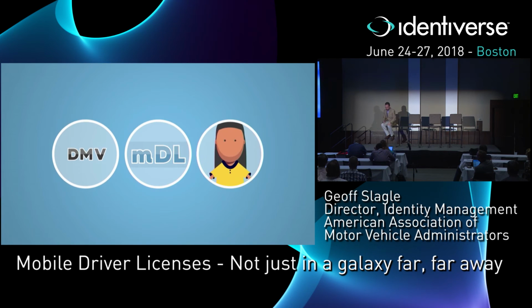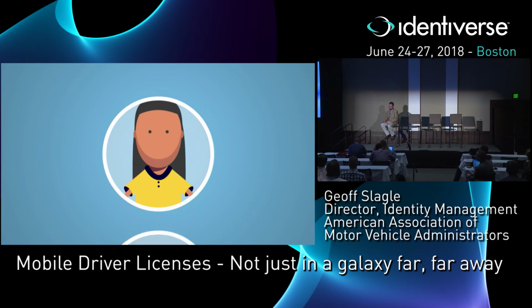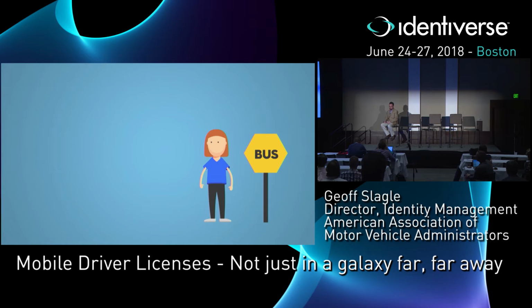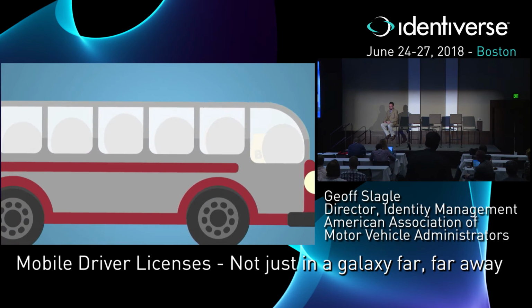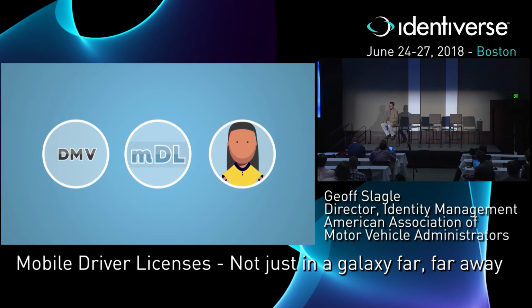The three main components involved in Mobile DL issuance are the issuing authority. This is the DMV that issues a Mobile DL as a result of already having proofed and vetted that someone is who they claim to be and they are eligible for a Mobile DL or a version of the MDL that is strictly for identification purposes if the person doesn't have driving privileges. The Mobile DL, the holder of the MDL and the credential.